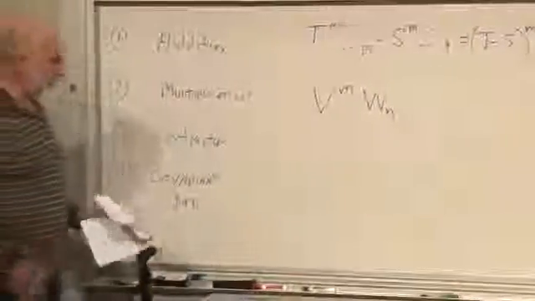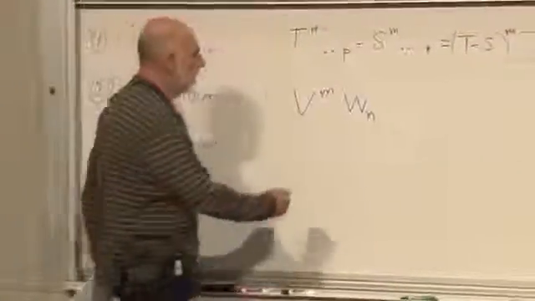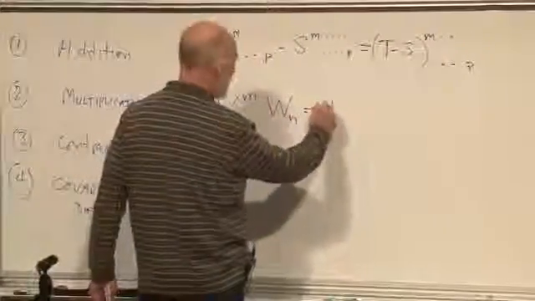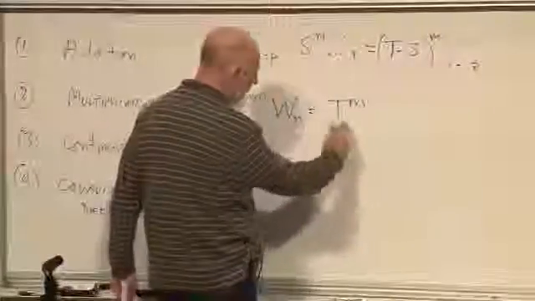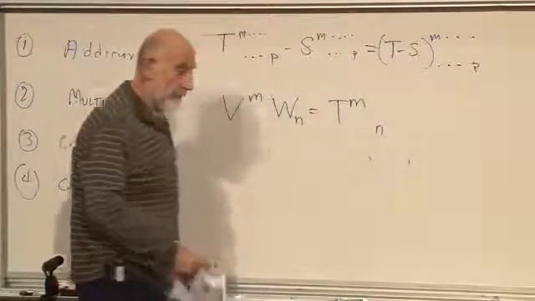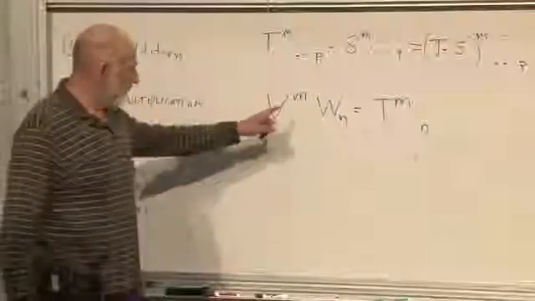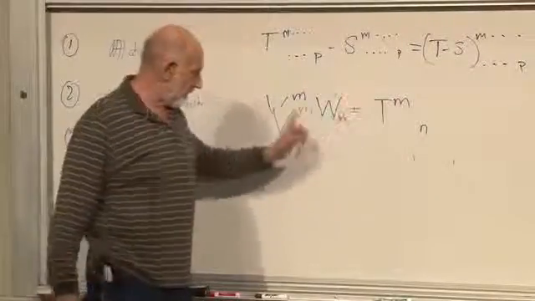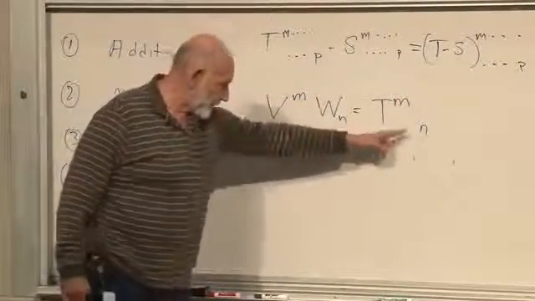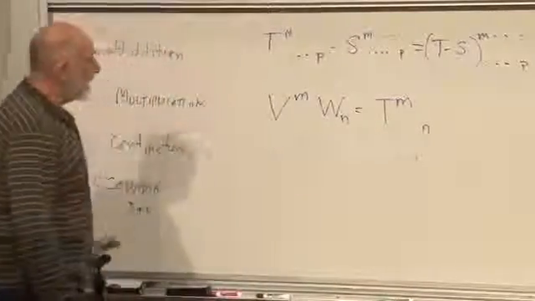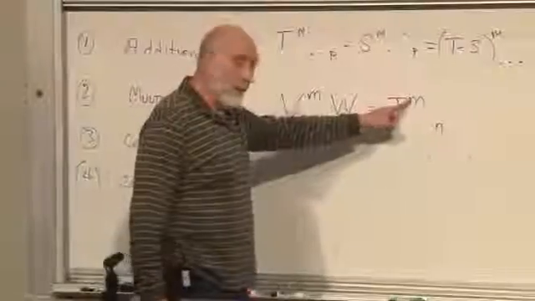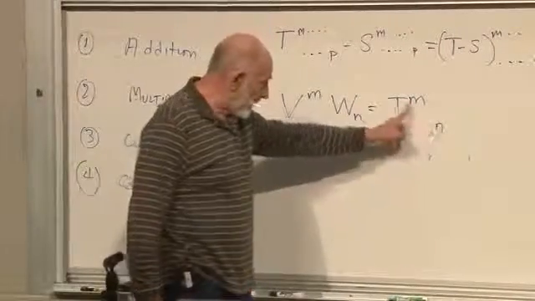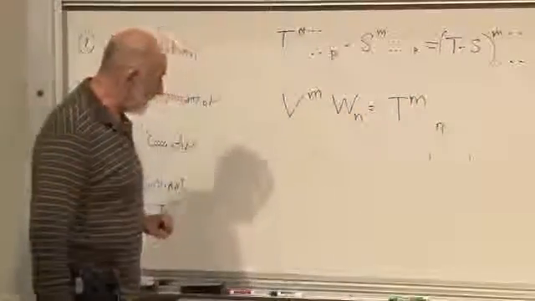This is a tensor with one upstairs index m and one downstairs index n. You have to remember which one is which. Do not cross them: if this one is m, that one is m, if this one is n, that one's n, and so forth. This is a tensor with one covariant index and one contravariant index.